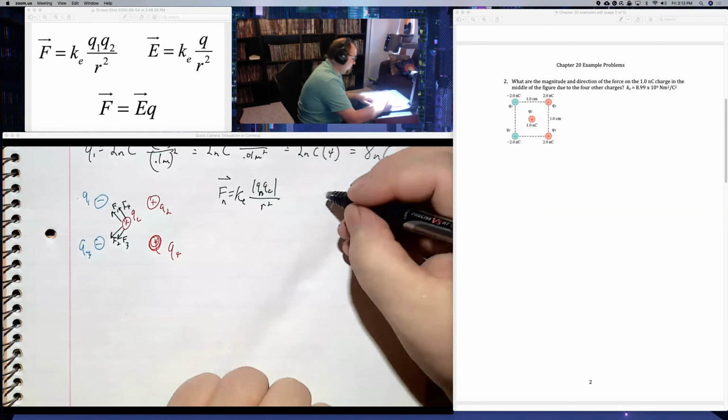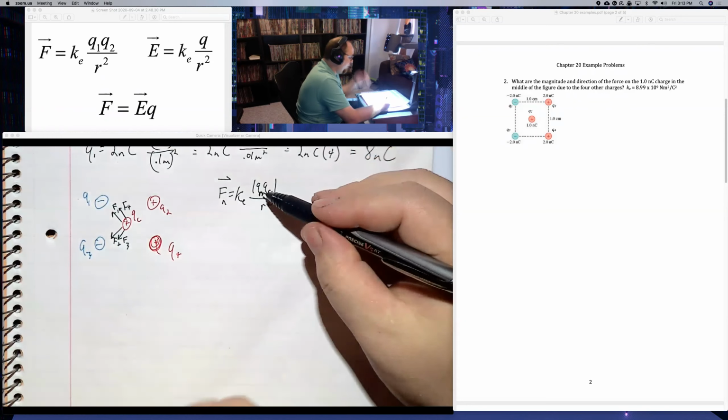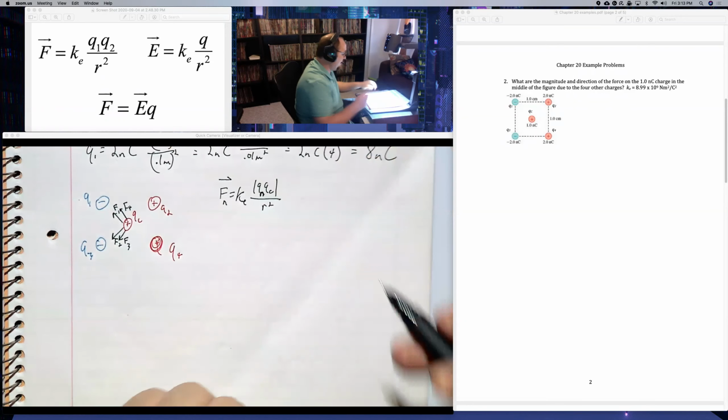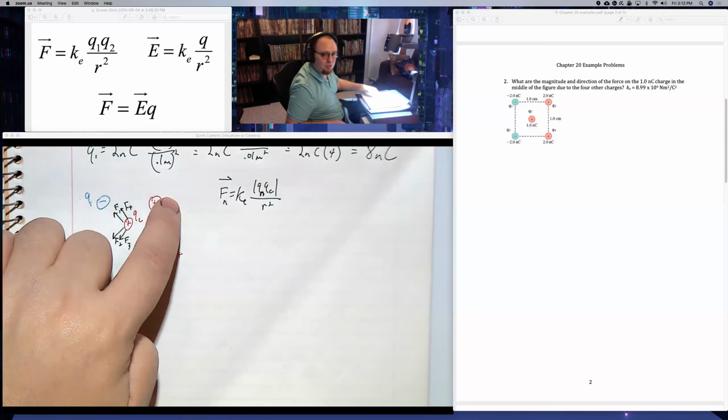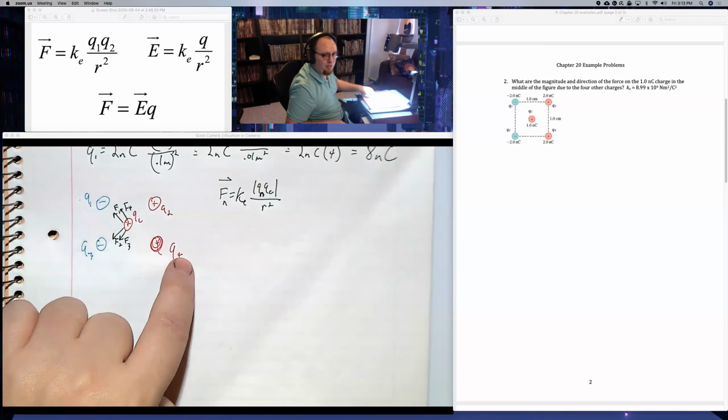Also, if we look at our values, once again, I use absolute value. The magnitudes of these charges are negative 2 nanocoulombs, 2 nanocoulombs, negative 2 nanocoulombs, 2 nanocoulombs.